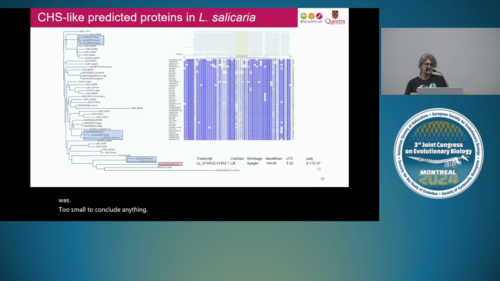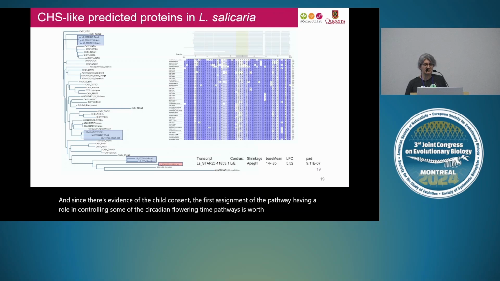And since there's evidence of chalcone synthase, the first enzyme of the pathway, having a role in controlling some of the circadian flowering time pathways, it is worth exploring this transcript in more detail.